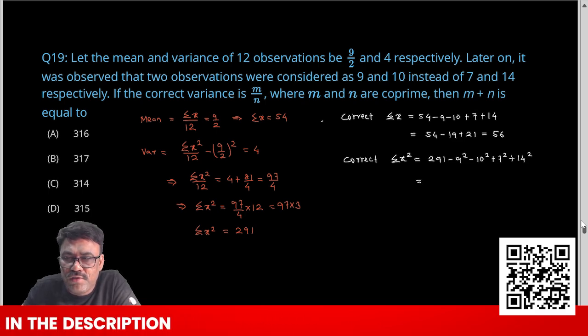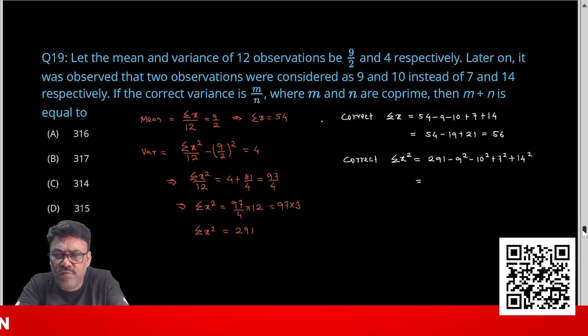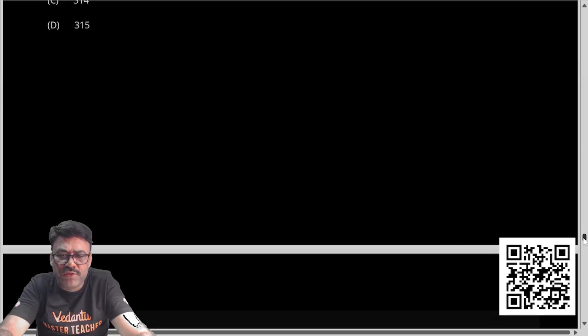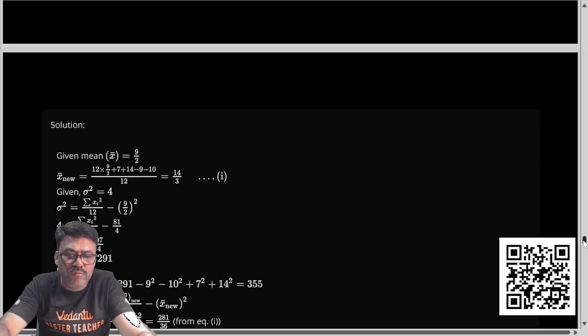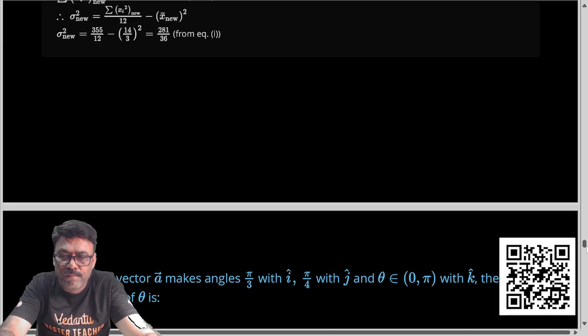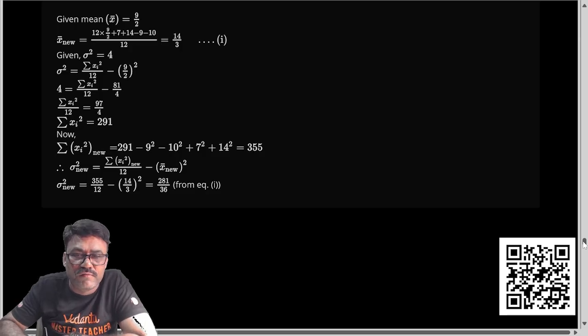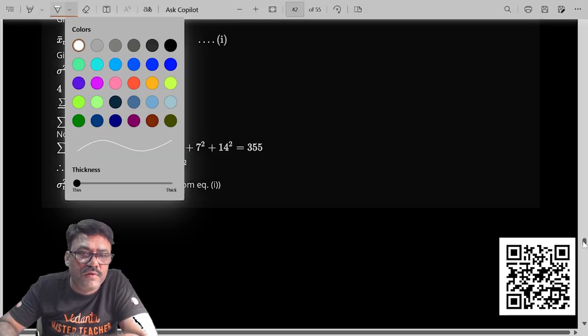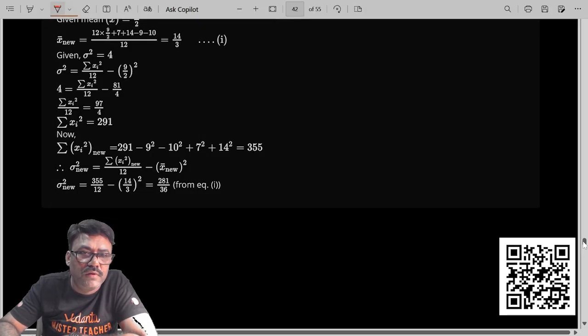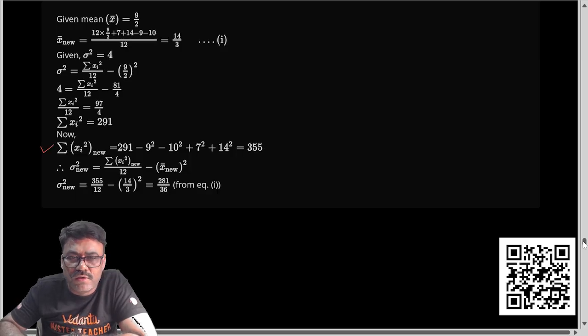Now let's calculate it, let's not waste time. The correct sigma x square is 291 minus 9 square minus 10 square plus 7 square plus 14 square. So basically it becomes 355.